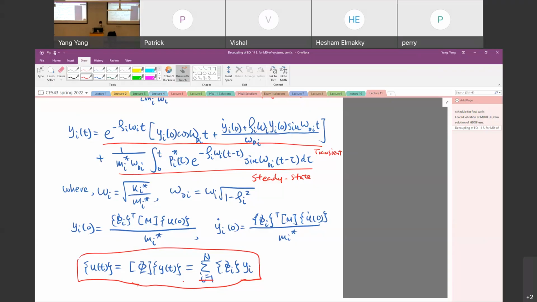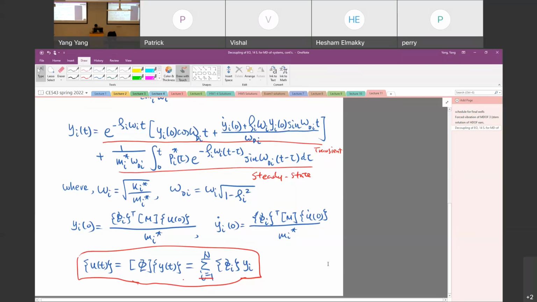And we had better demonstrate an example. This is the theoretical background. So if we have an example here, we can see how to solve for the responses. So any questions so far?